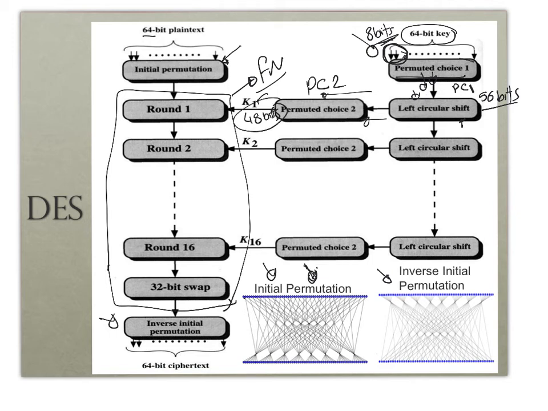So the key that you generate for each round is in fact 48 bits. We go from 64 bits to 56 bits and then to 48 bits. Each of these permutations we call permutation with contraction. We compress the 64 bits to 56 bits, or the 56 bits to 48 bits.